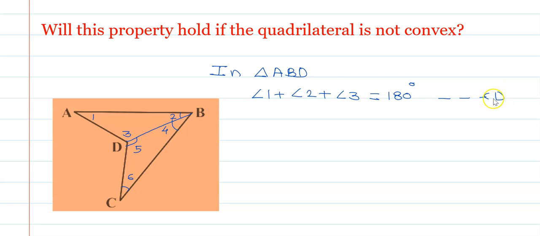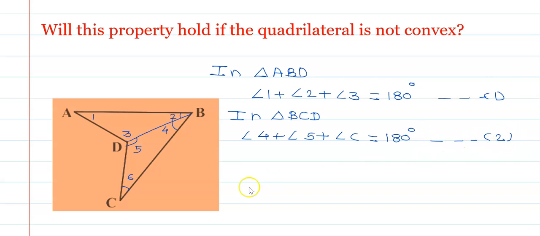This is the first one. What about another triangle? In triangle BCD, angle 4 plus angle 5 plus angle C equals 180. This is the second.